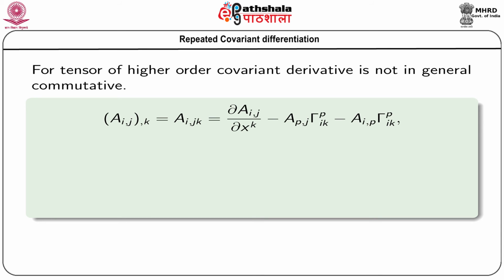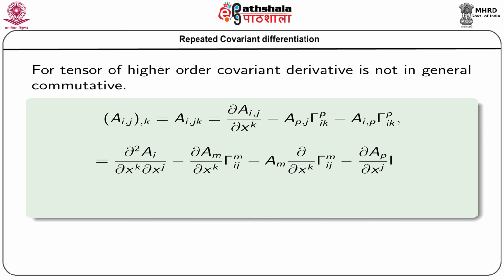That means a_i has a covariant derivative two times, one with respect to x^j and another with respect to x^k, denoted by a_i,jk, which can be expressed in the following way, and takes this form: ∂²a_i/∂x^k∂x^j minus ∂a_m/∂x^k Γ^m_ij minus a_m ∂/∂x^k of Γ^m_ij minus ∂a_p/∂x^j Γ^p_ik plus a_s Γ^s_pj Γ^p_ik minus ∂a_i/∂x^p Γ^p_jk plus a_s Γ^s_ip Γ^p_jk.